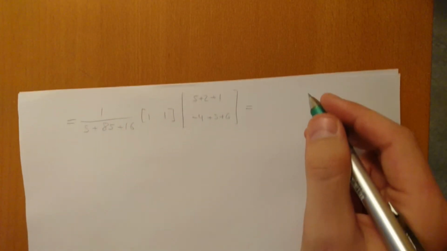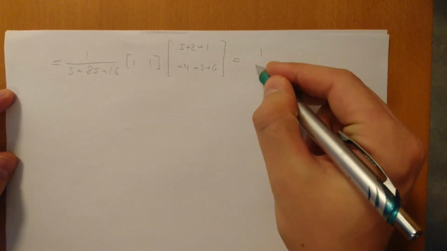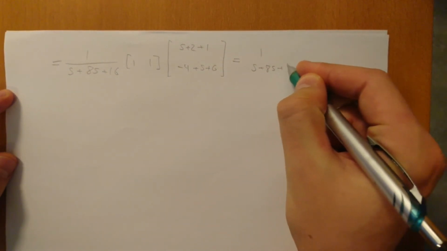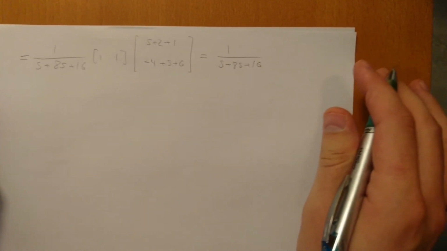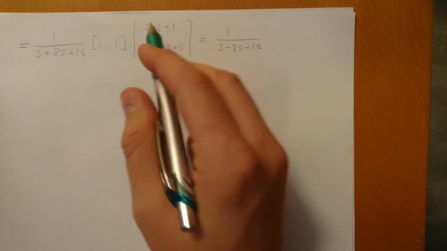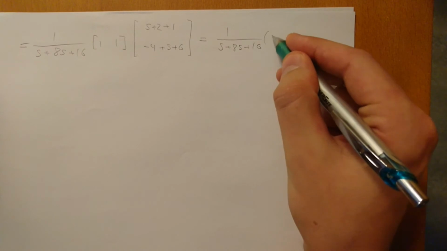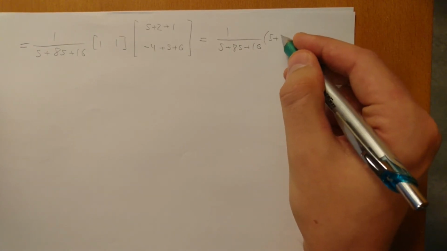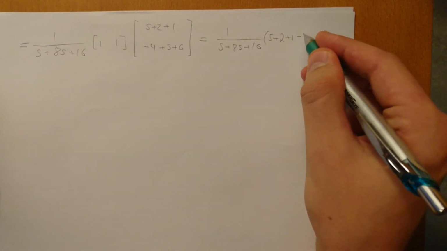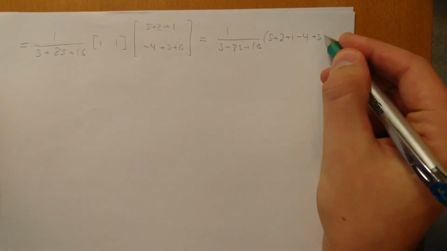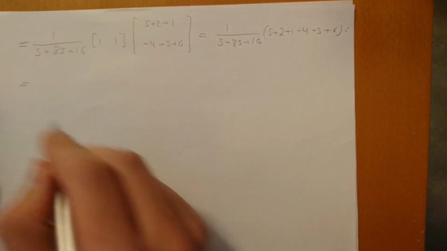And this becomes what? This is the same thing, s squared plus 8s plus 16. And then we have the sum of this. So it's 1 times s plus 2 plus 1, and then it's minus 4 plus s plus 6, which is equal to what?